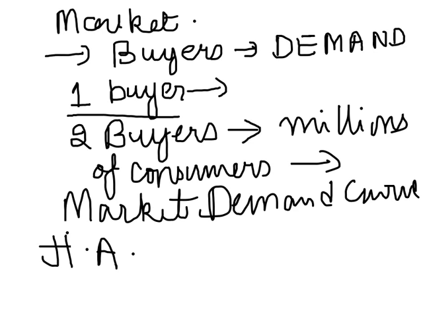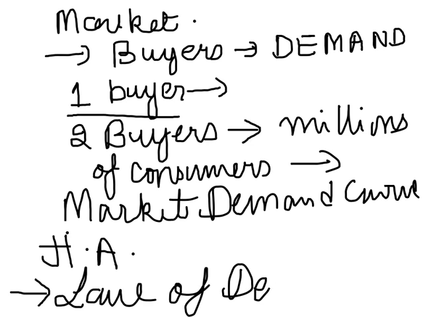I've just abbreviated this as HA. And we found that there exists a negative relationship between price and quantity demanded of coffee for millions of consumers around the world. And since this relationship applies to millions of consumers, we derived the law of demand.